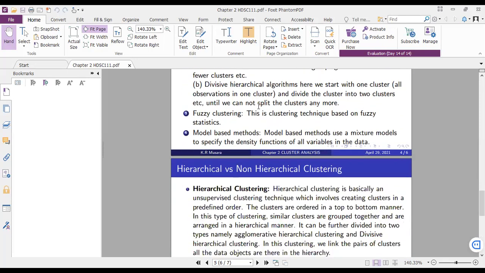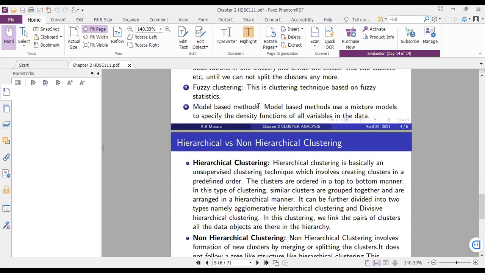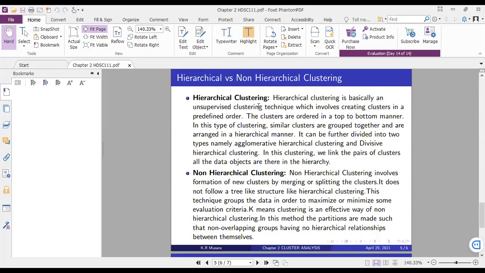So you also need to know the difference between hierarchical and non-hierarchical clustering. I think this will make sense when you're looking at the practical part of it, but I'm sure from these points you can pick out the difference. Hierarchical clustering is basically an unsupervised clustering technique which involves creating clusters in a predefined order, and the clusters are ordered in a top to bottom manner.